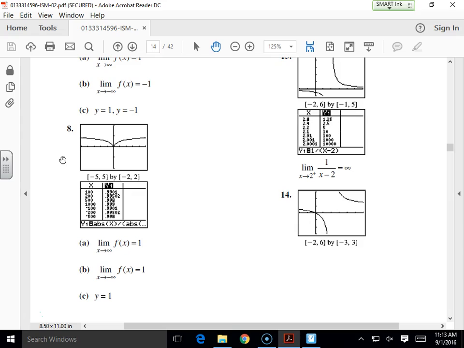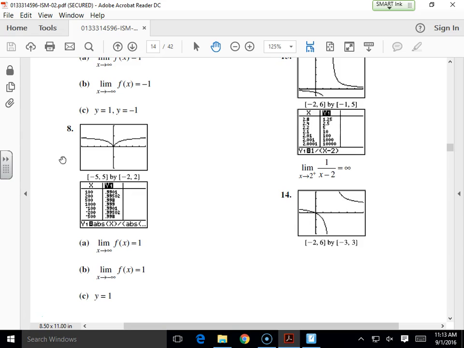Wait a minute. Did it ask us to plug it into the function and see what the value is? Is that part of the question? No. Wait, what are you saying? For 8, were we supposed to put in 1 and see what the y value is? No. Why did you do that?